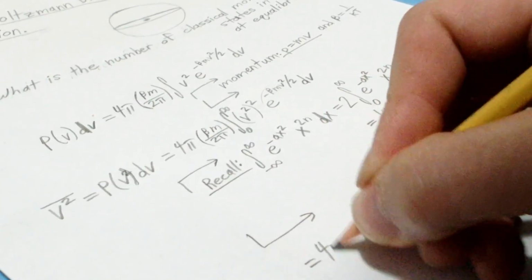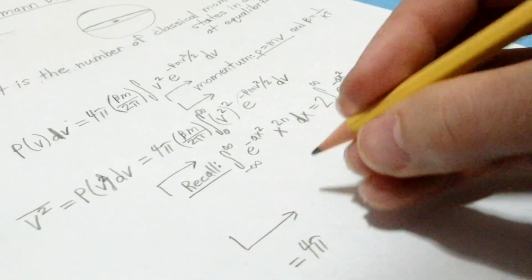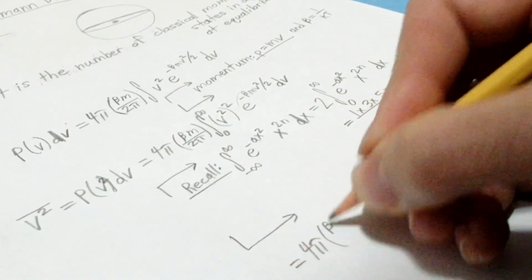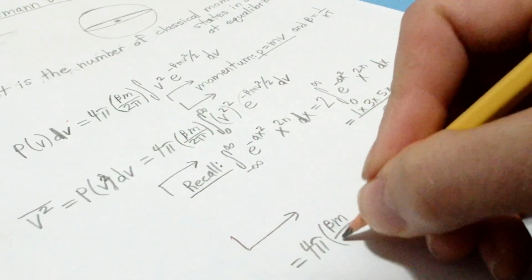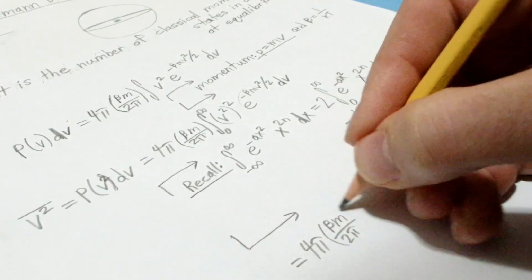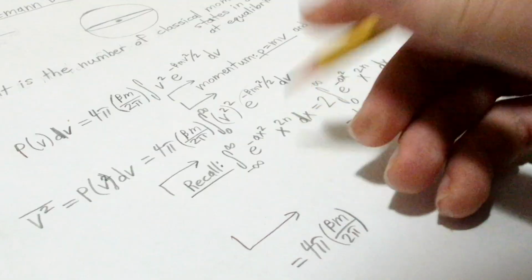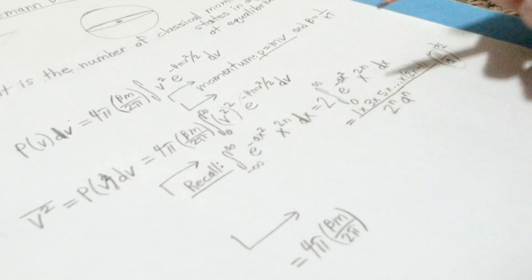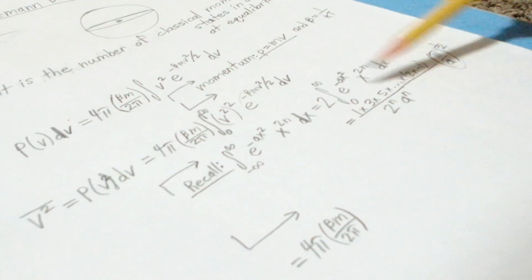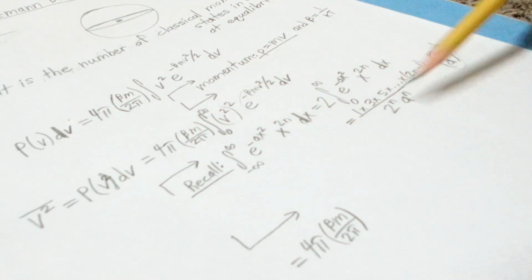We'll have our constant out in front, 4 pi times beta m over 2 pi. And so our integration, using our integration here, is just equal to here.